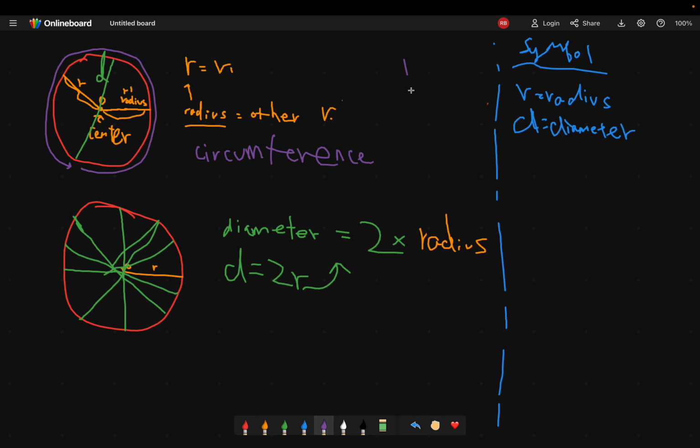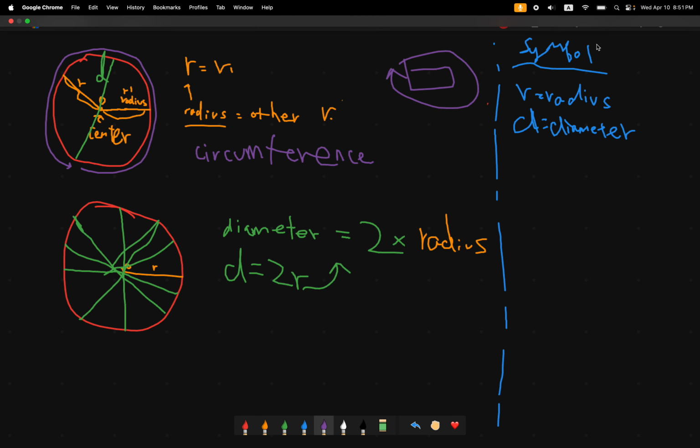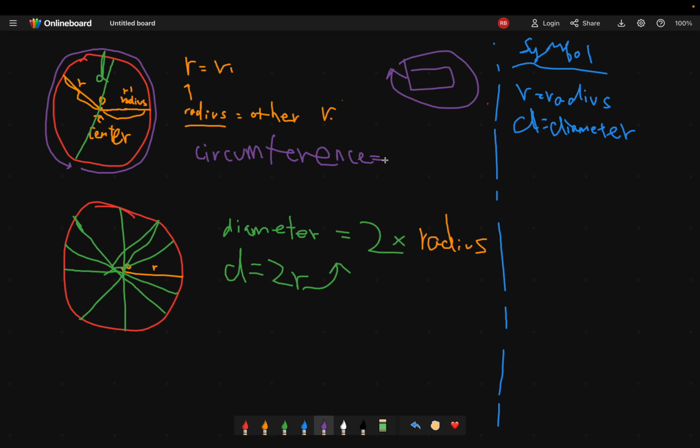For example, if we have a rectangle, we would call the outer part the perimeter. But circles are special, so we give them a different name, circumference. And we use C. And we are here for our first formula right after I write the really long word circumference.